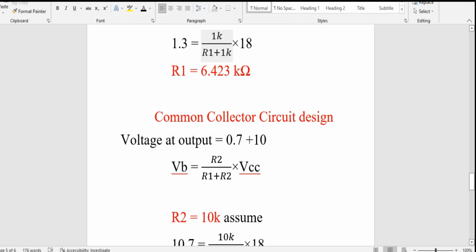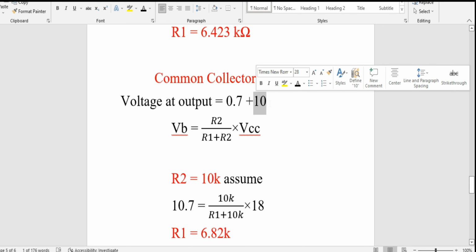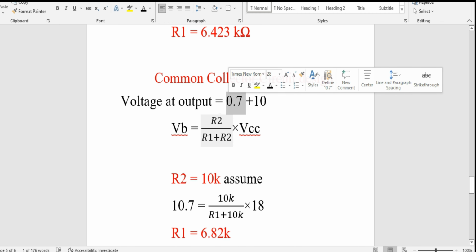In the case of common collector, we will first need to design R1 and R2, which are the voltage divider bias configuration of the common collector. In this way, again our desired voltage at the output is 10 volt, and 0.7 volt is the drop of the diode forward bias.